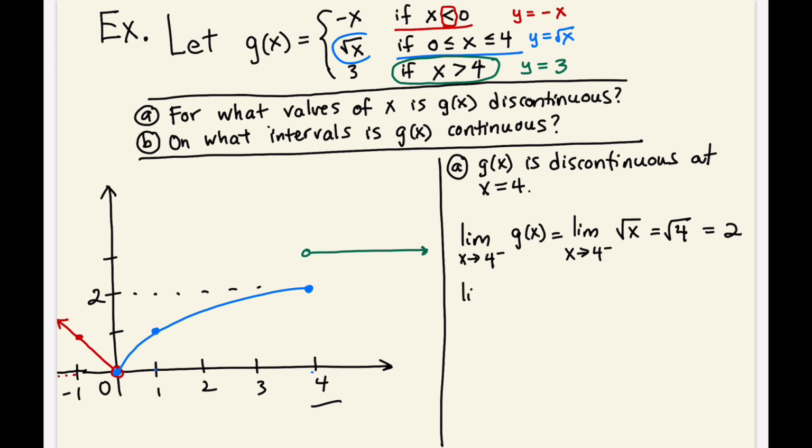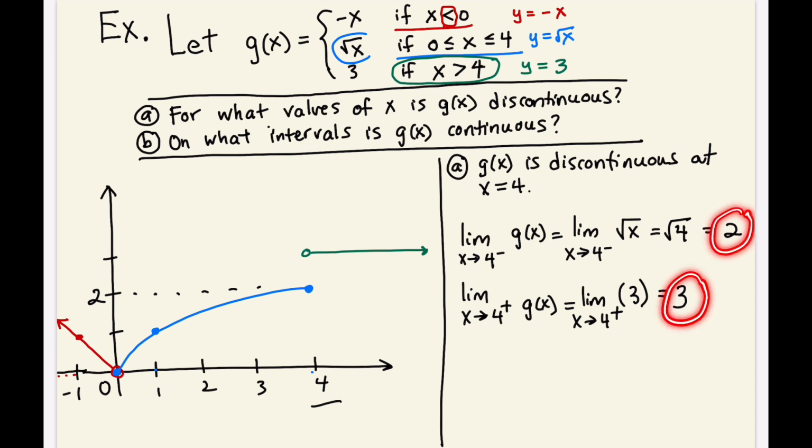Now, if I look at the limit as x approaches 4 from the right of g of x, if we're approaching from the right, then this function takes over, and this is just the horizontal line. So this is just the limit as x approaches 4 from the right of 3, and the limit here is just 3. Instantly we see that 2 is not equal to 3. So the left-hand limit does not equal the right-hand limit.